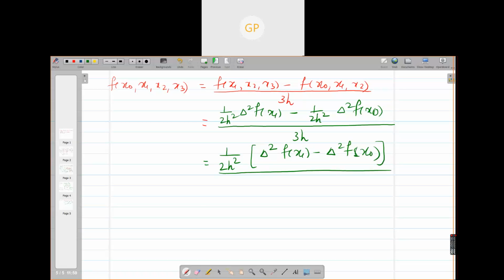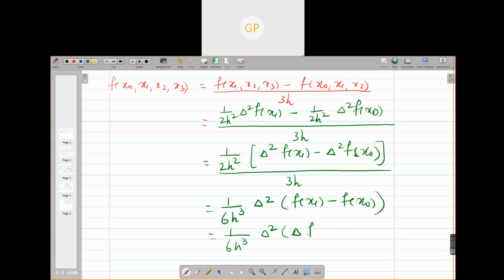So ultimately it becomes 1 upon 6 h cube, sorry, delta square f x1 minus delta square f x0, which is delta cube f x0. So 1 upon 6, can I write it as 1 upon 3 factorial?